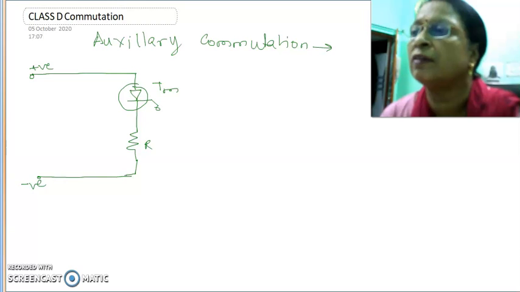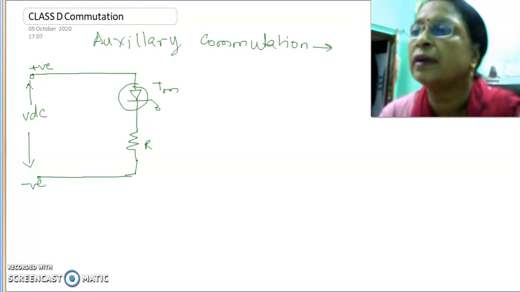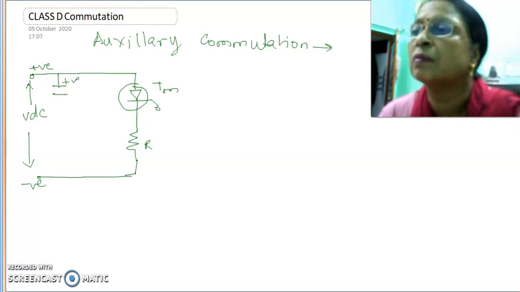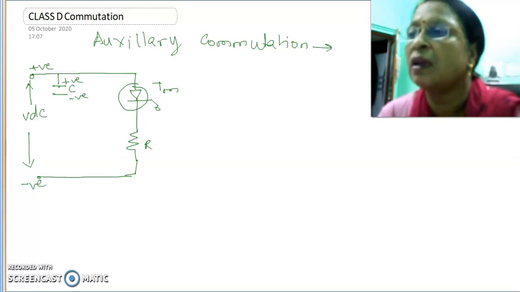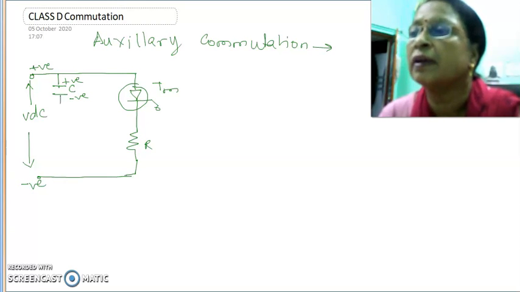So this is the negative polarity, a fixed VDC voltage given to it. Now we are connecting a capacitor here. Upper plate is positive, lower is negative, capacitor C. And to this capacitor again we are connecting one more SCR.